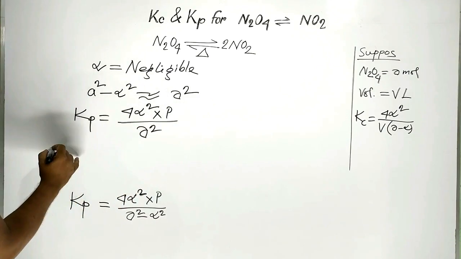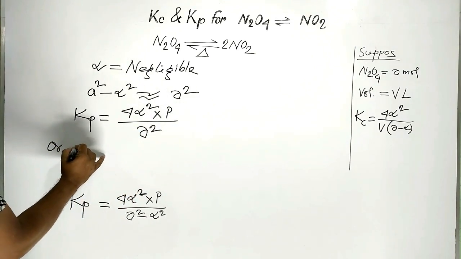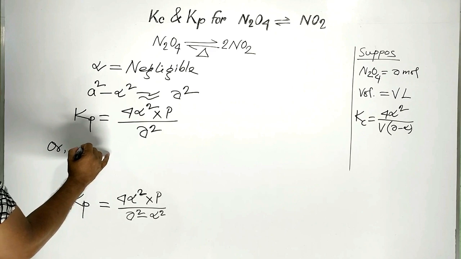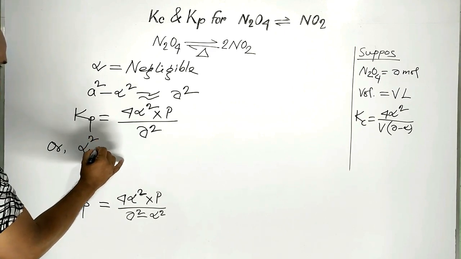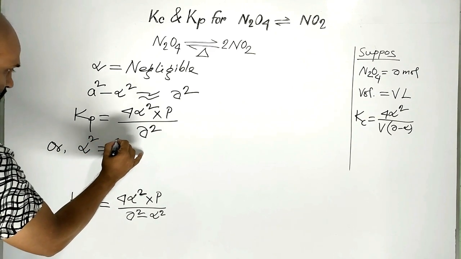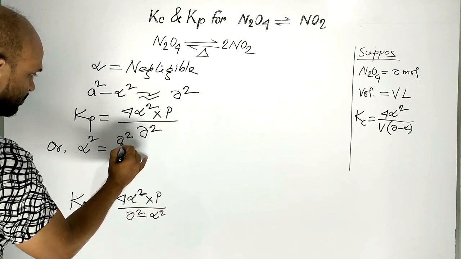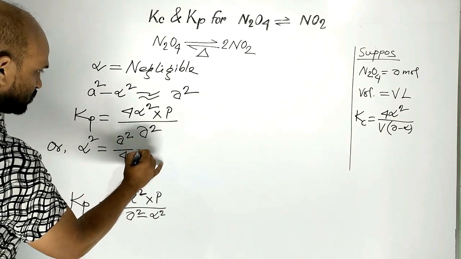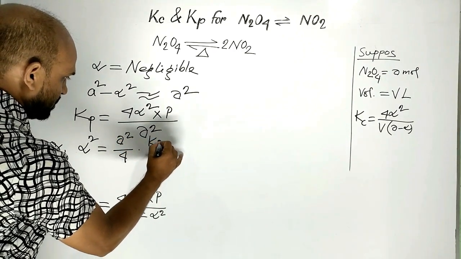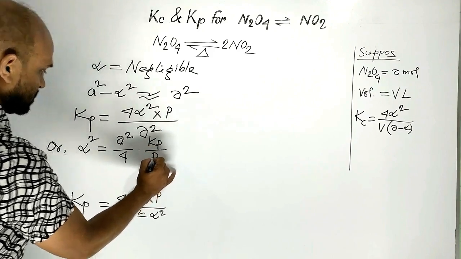From this equation, after cross multiplication, alpha square is equal to A square by 4 into Kp by total pressure.